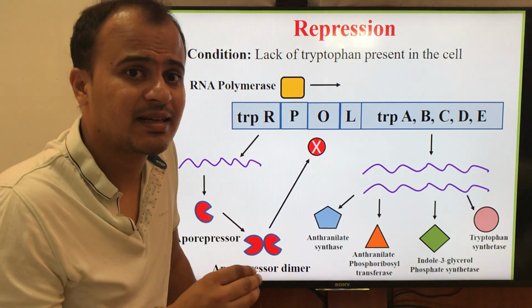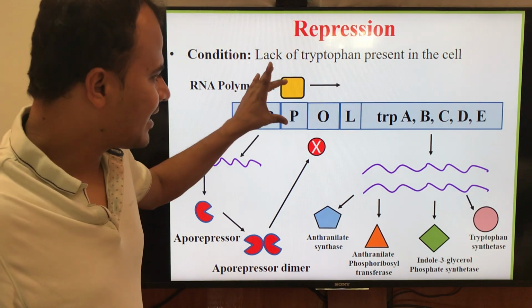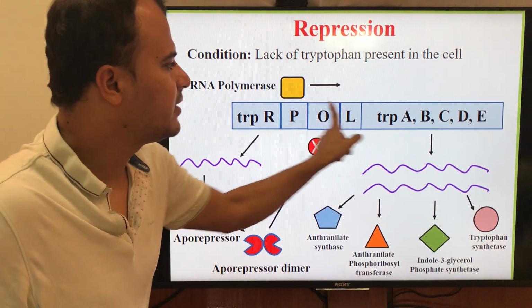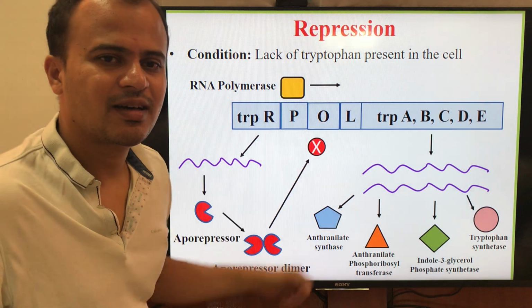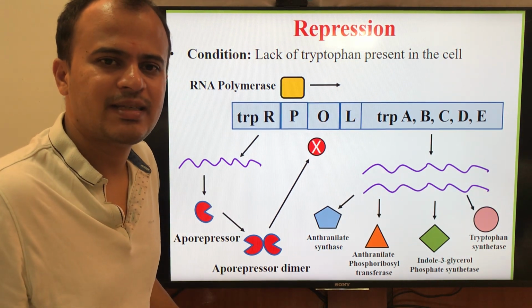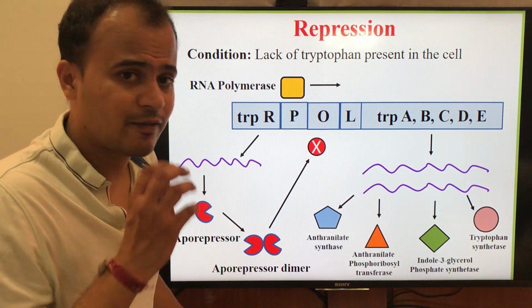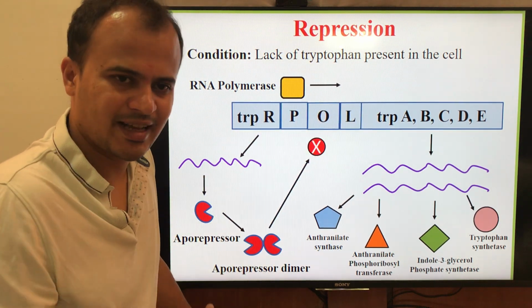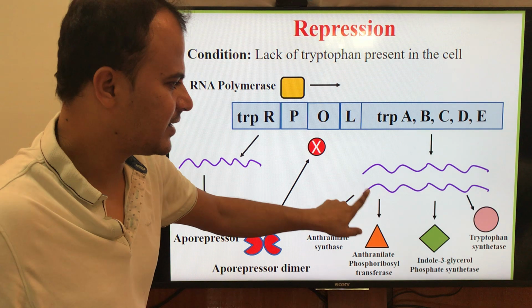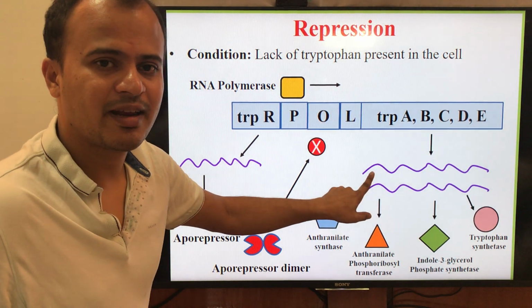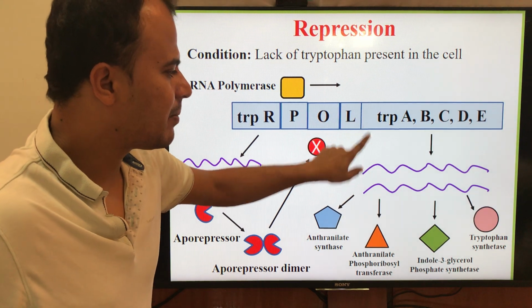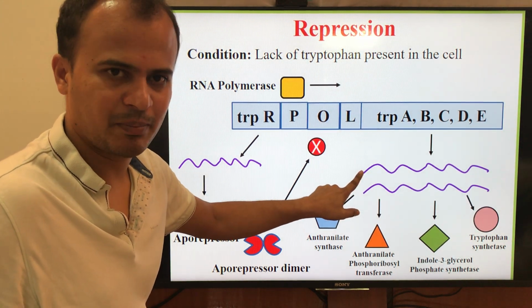If the operator is left free, RNA polymerase recognizes the promoter and it can easily travel across the TRP A, B, C, D, E genes. If the TRP A, B, C, D, E genes are transcribed by the RNA polymerase, you can see there is a polycistronic mRNA formation. Polycistronic mRNA means an mRNA which codes for multiple proteins.